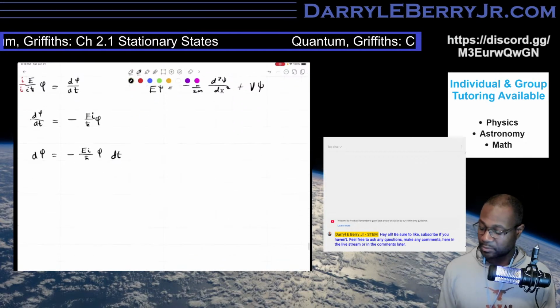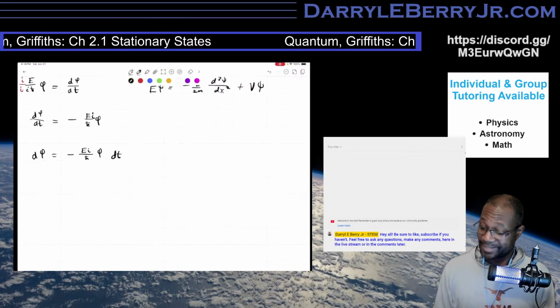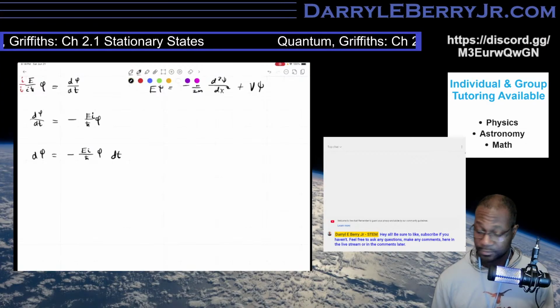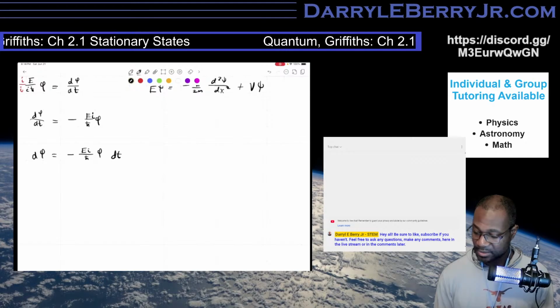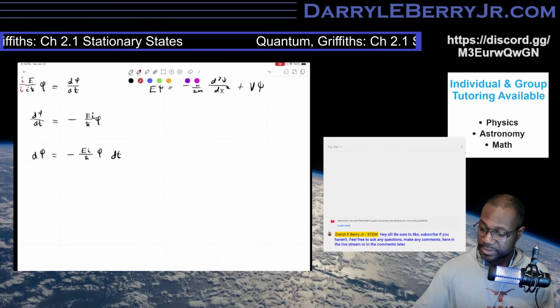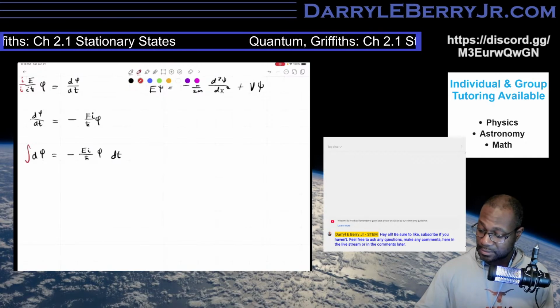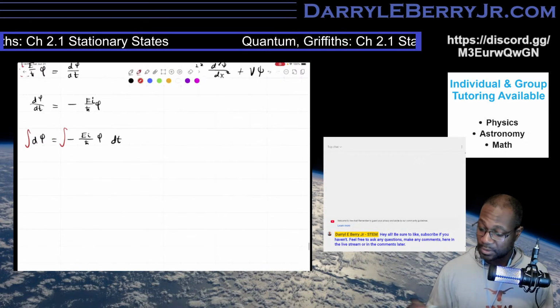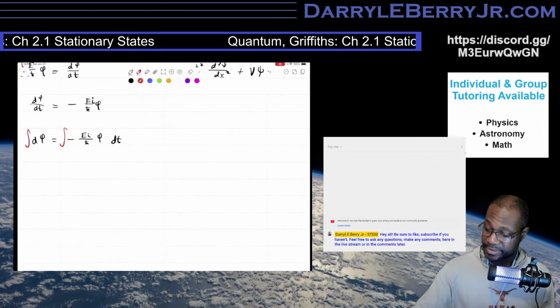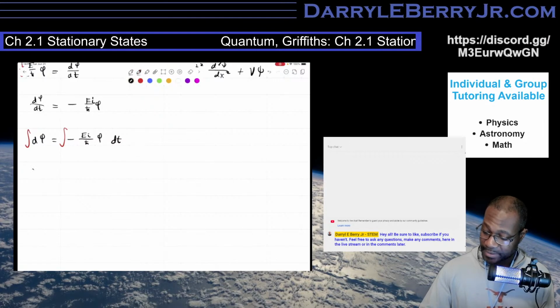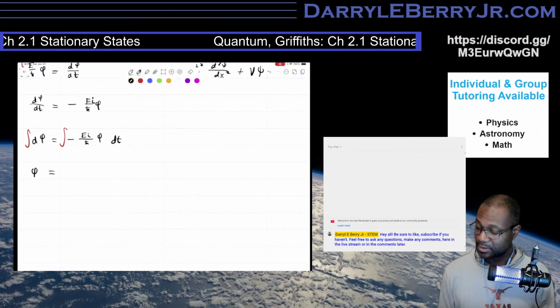And basically what we can do is guess what will solve this. So we also take the integral of both sides. On the left side, when we take the integral of d psi, that ends up just being psi.